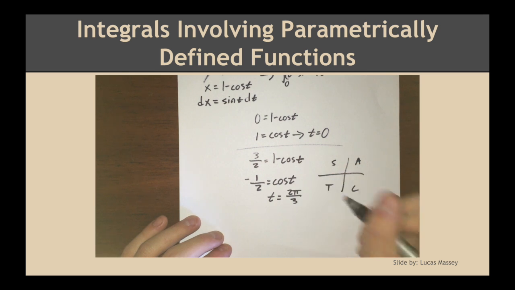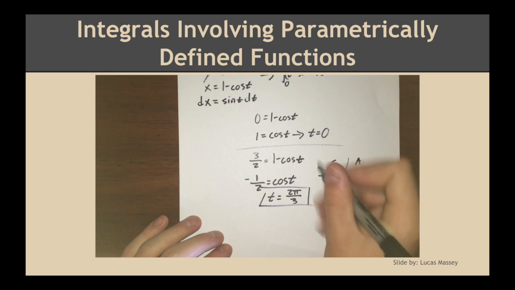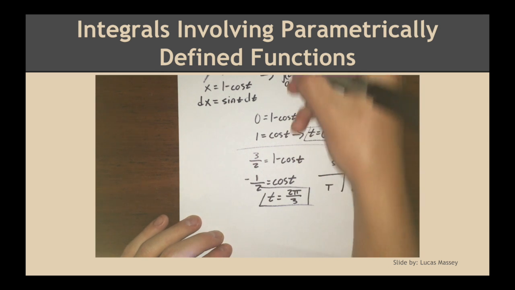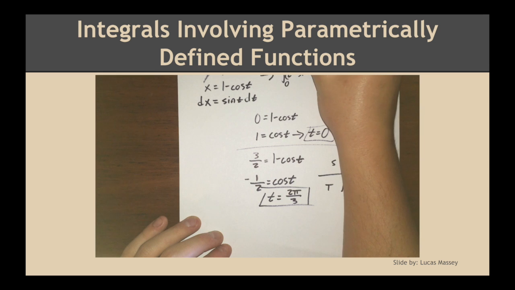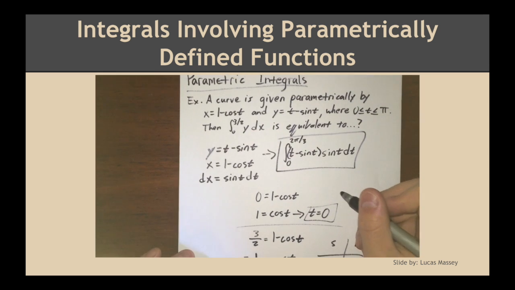This gives us t equals 2 pi over 3, using All Students Take Calculus. So now that we have our upper and lower limits, we can have our final solution to the problem.